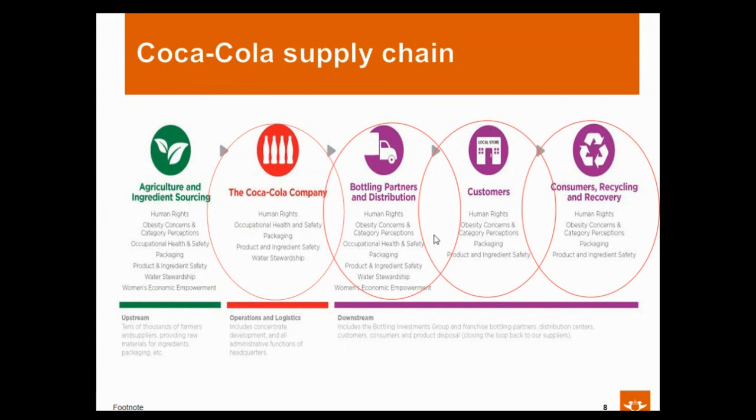From there, it goes into customers. Who do they sell to? They don't sell directly to customers. They actually sell to local stores, small shops, etc. And these shops then sell it to the end user, the end customer. Another party that could be considered would then be the recycling plants and the recovery of the tins or the bottles after the use of the product.